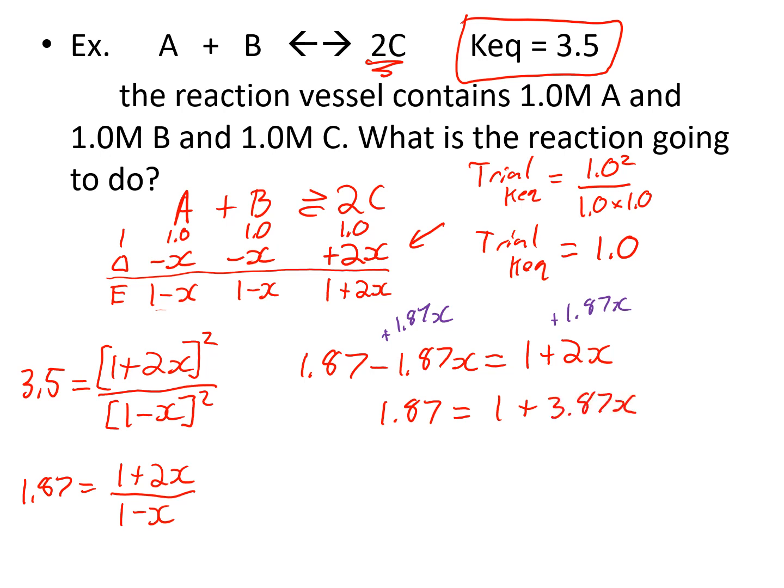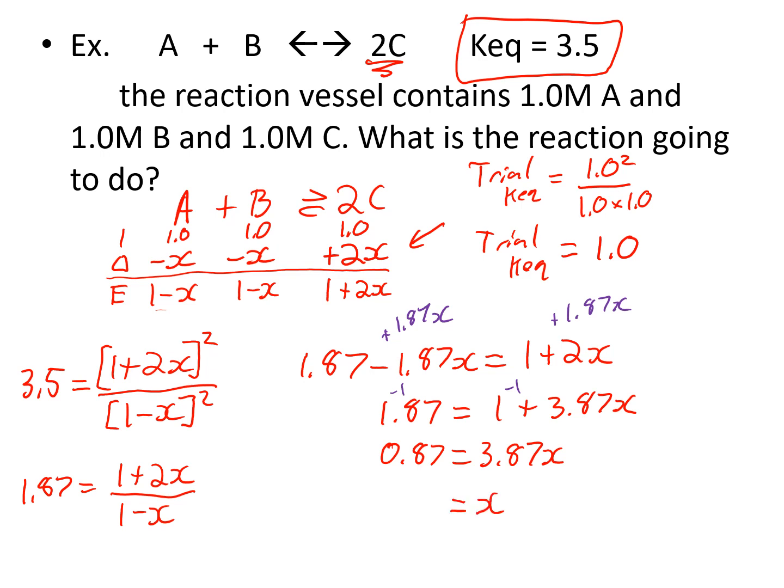I'm going to subtract 1 from both sides to get rid of this 1 right here. So minus 1, minus 1. So I get 0.87 equals 3.87x.